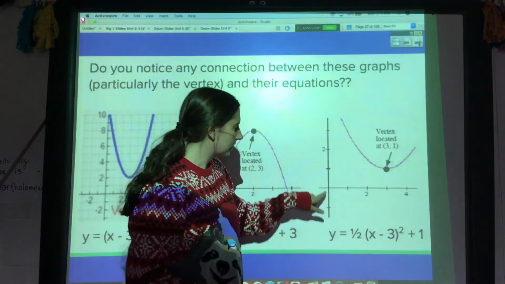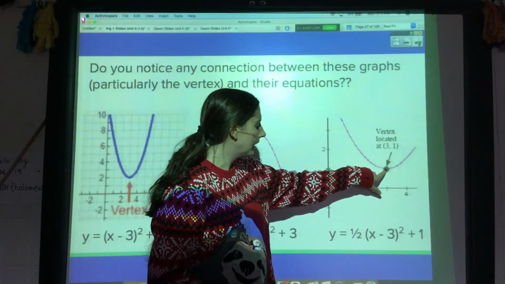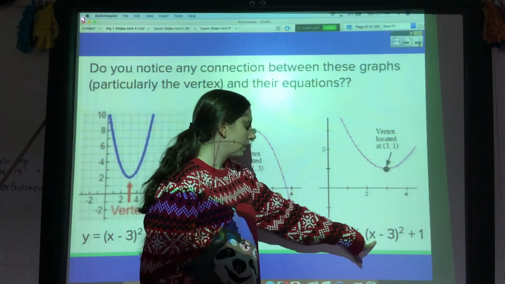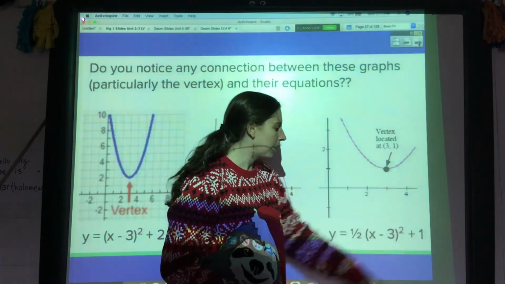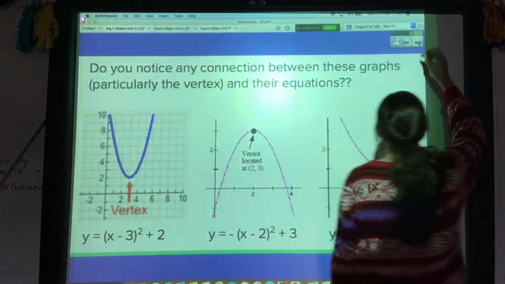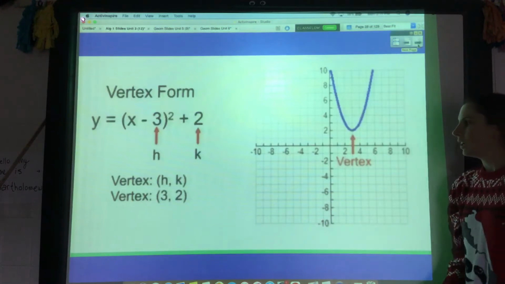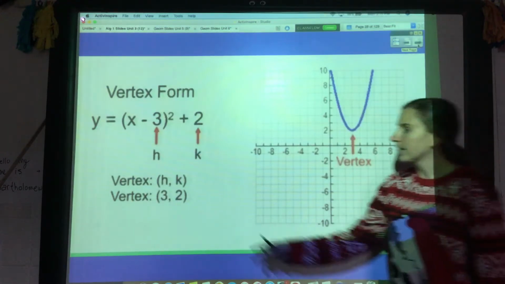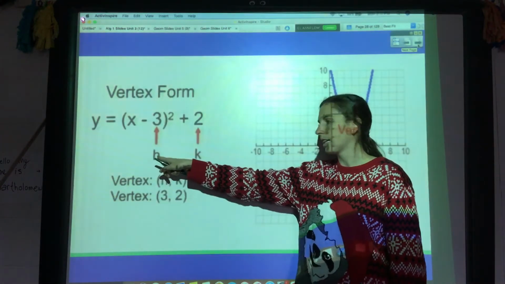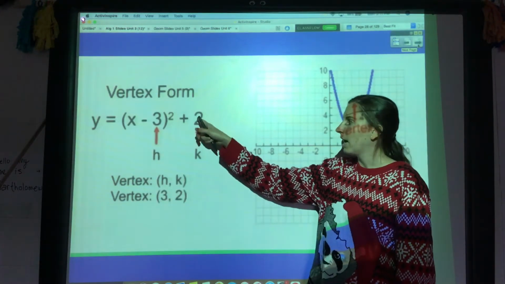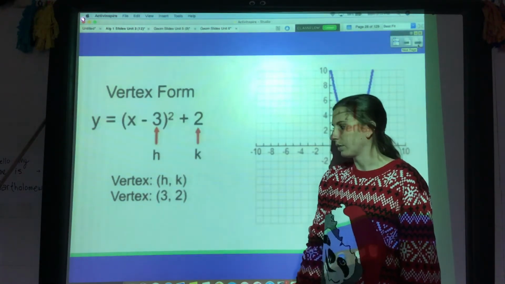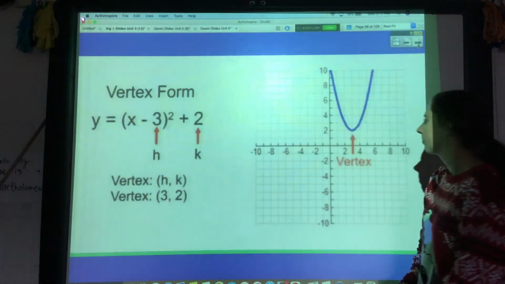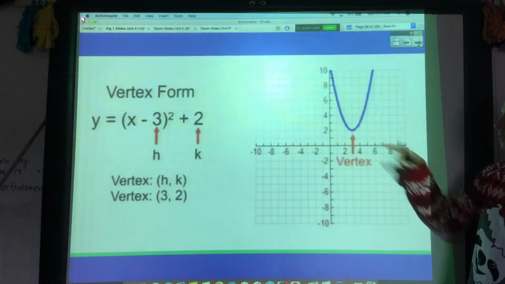This one has a vertex at (3, 1), and so its equation has a negative 3 here and a positive 1. So once again, this is the vertex. You pull this number, that's the x coordinate of your vertex. Pull this number, that's the y coordinate of your vertex. As you can see here, (3, 2).